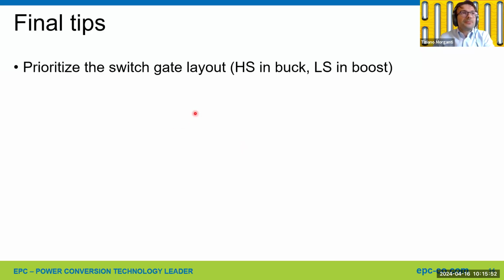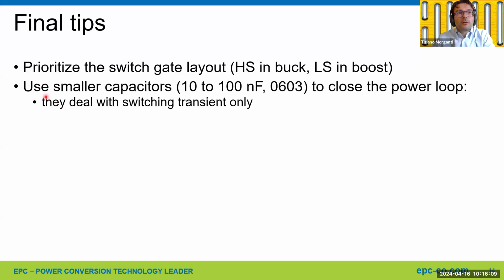Final tips. You need to prioritize the layout of the switch. For example, in a buck converter, the high side; in a boost converter, the low side. Then it's better to use many smaller capacitors to close the power loop.